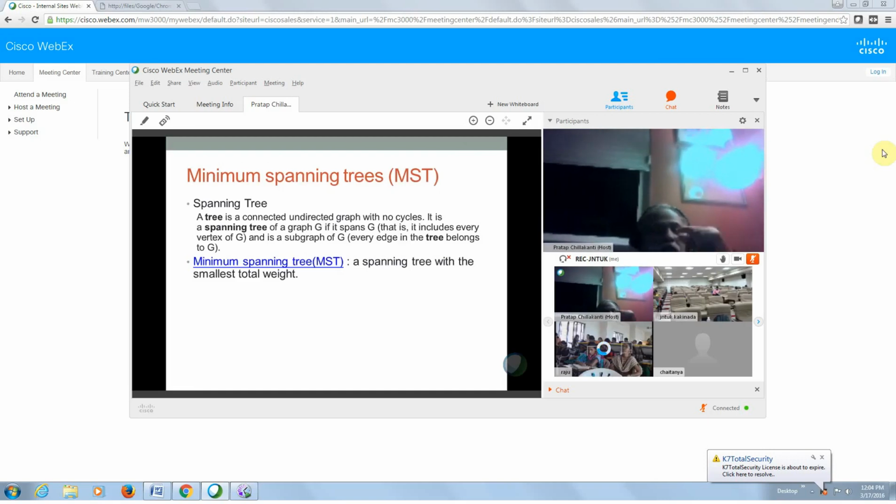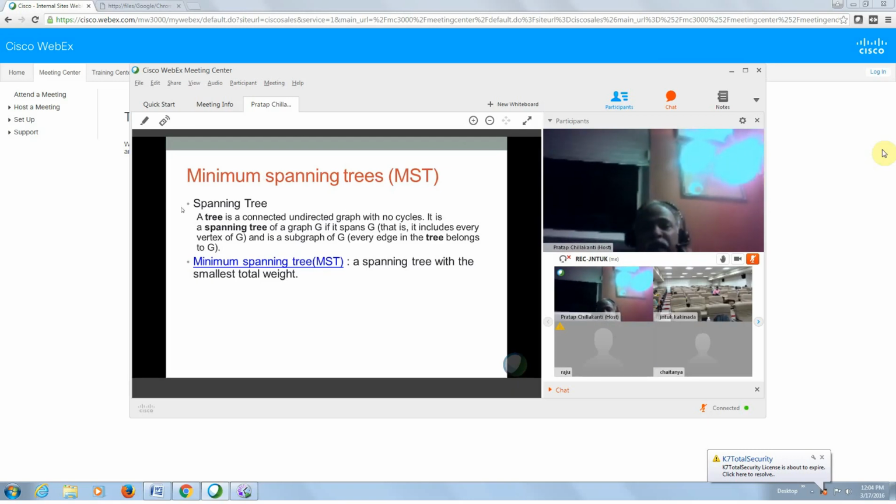Now when you're doing greedy algorithms, one of the predominant things used in arriving at the solution is the concept of spanning trees. The goal when applying this algorithm is to always figure out the minimum spanning tree.